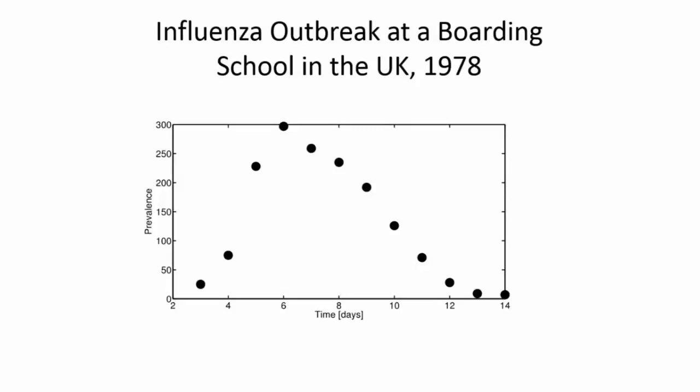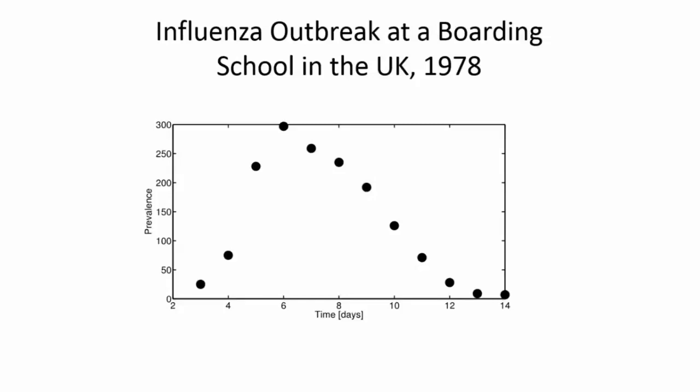This is a snapshot. This is a way of keeping a count. Here there is a count on prevalence. This is a data set. On the horizontal axis we have the observations being measured every day, once a day, and on the vertical axis we have counts on the number of infected individuals.